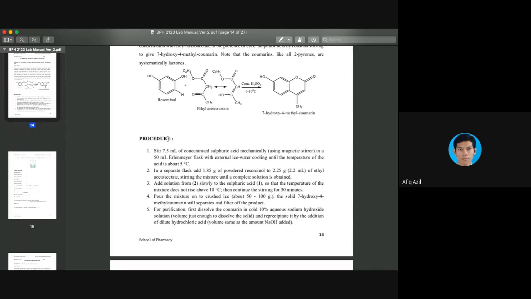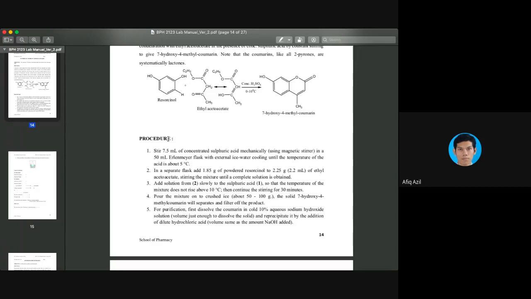If the reactions are to be done in our lab, definitely I'm going to ask you all to do it in the fume hood, because 7.5 ml is quite a lot. It is going to be stirred magnetically using a magnetic stirrer in a conical flask or an aluminum flask with external ice water cooling.